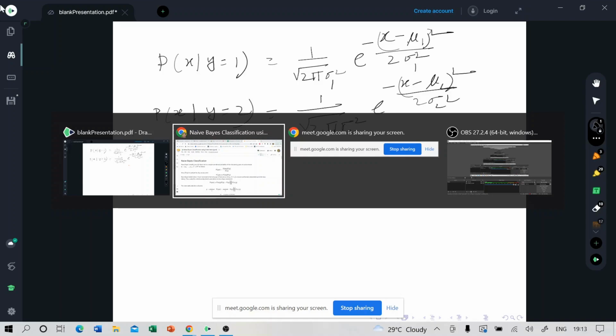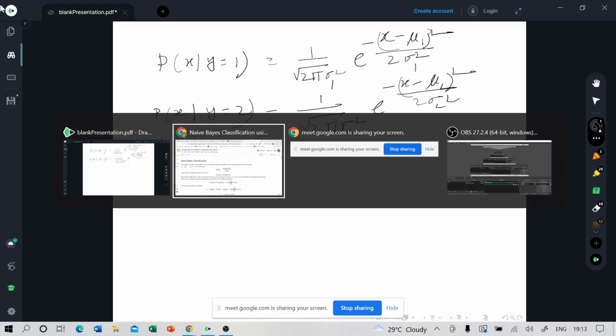Okay, so the problem with this kind of assumption, the multivariate Gaussian distribution, is that the number of parameters is quadratic in the feature dimension. Here the feature dimension is d, so the number of parameters is on the order of d square.